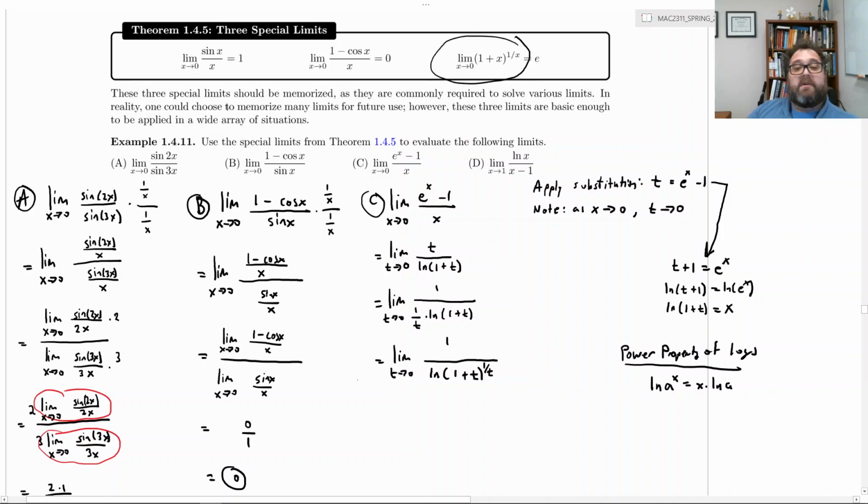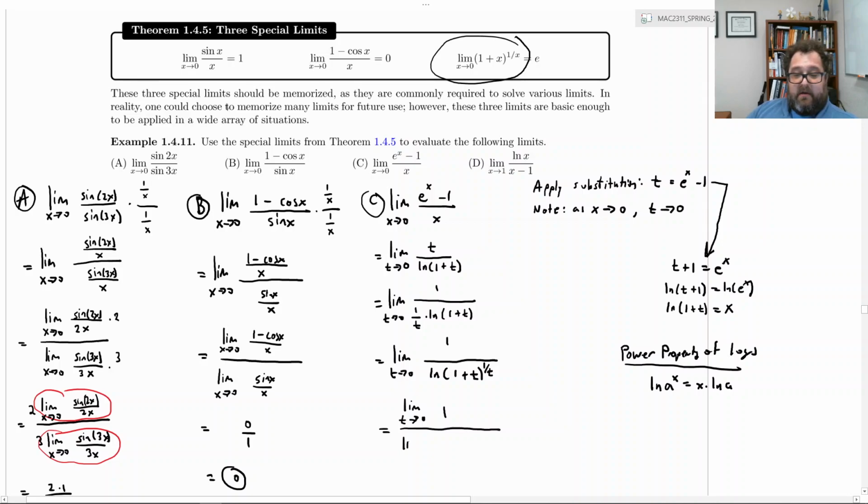The quotient property says you can take the limit of the numerator and denominator individually. And so we're going to write a big fraction. So equals limit of the numerator. So the limit as x goes to 0. Sorry, this is a t. As t goes to 0 of 1, which that's just a nice constant.